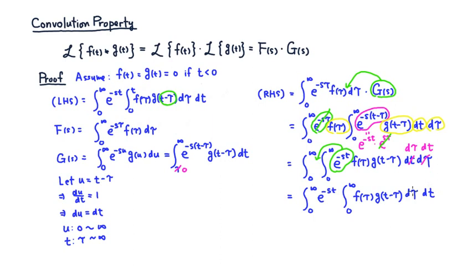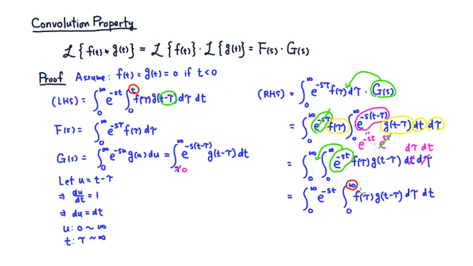We're almost there. If you compare this with the left-hand side, we have everything except for this right here. The upper limit has to be t, and we have infinity. Can we fix it?